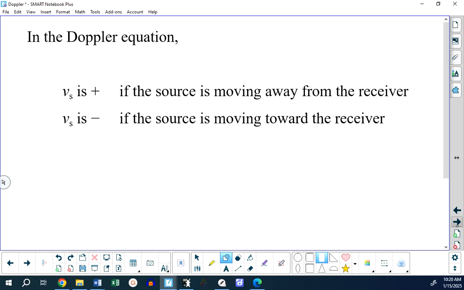They would say that V sub S, you're going to use plus if the source is moving away from the receiver.